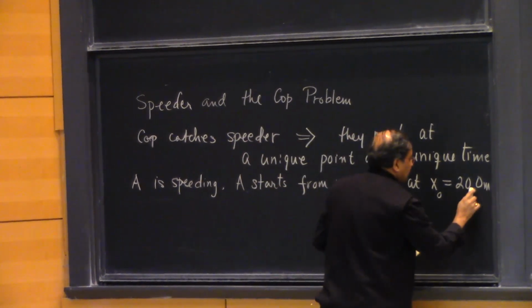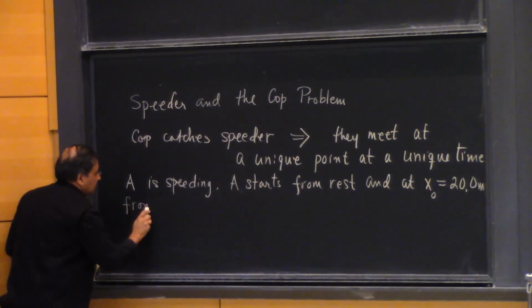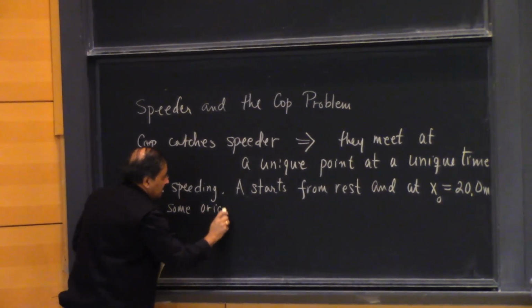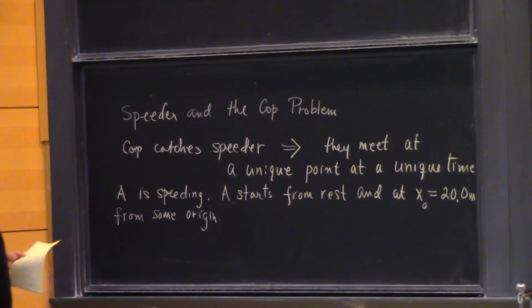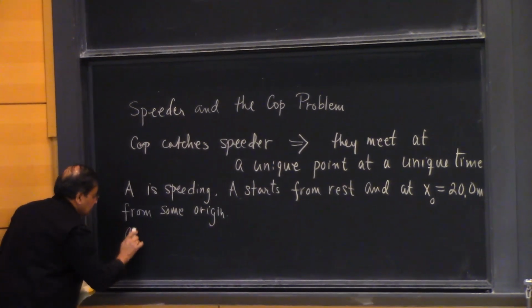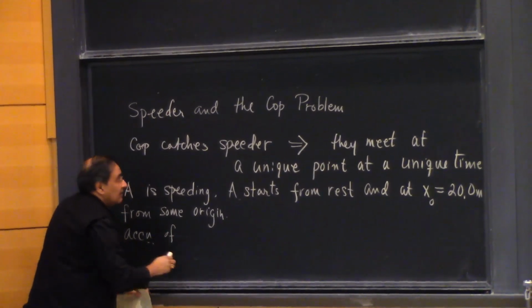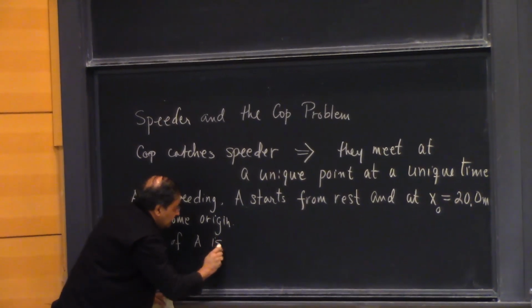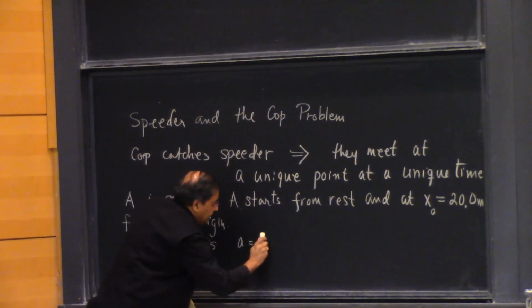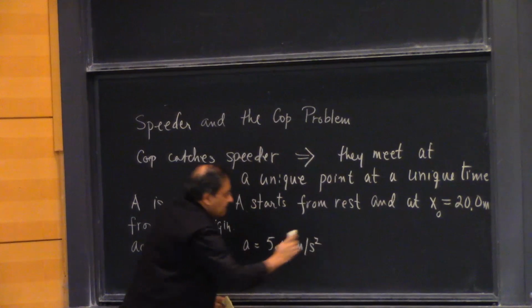There's a point here. Let's also say that the acceleration of A, small a, is equal to 5.00 meters per second squared.